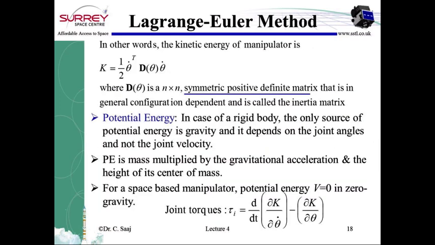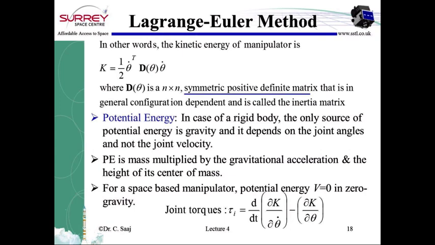Thus the total kinetic energy of the manipulator is given by K is half theta dot transpose D of theta times theta dot, where D of theta is an n by n matrix, nothing but the inertia matrix. This matrix is a symmetric positive definite matrix, and this is your inertia matrix or the inertia tensor.